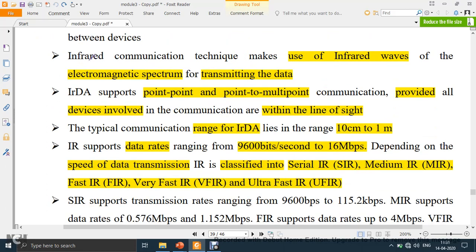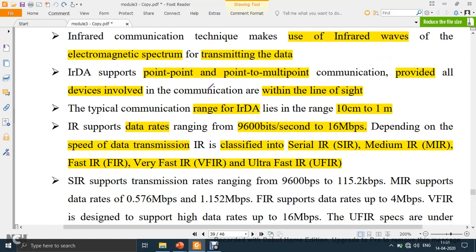This technique makes use of IR rays, that is infrared waves in the electromagnetic spectrum, for data transmission. These IR waves are not visible to human eyes. This supports point to point and point to multi-point, provided all devices involved are within line of sight.